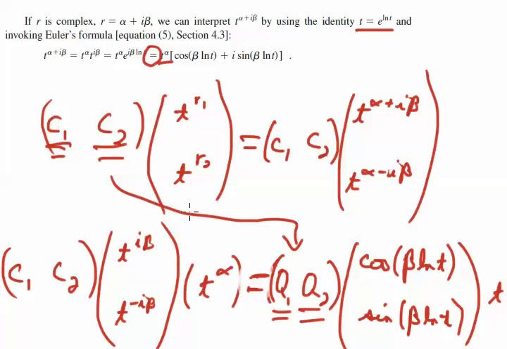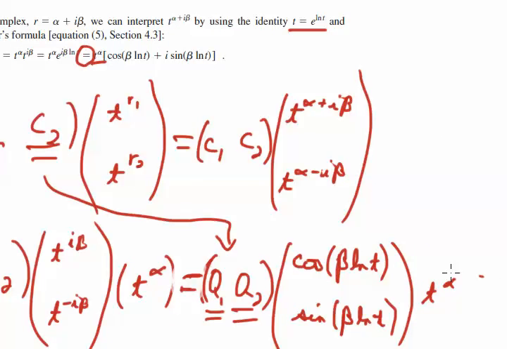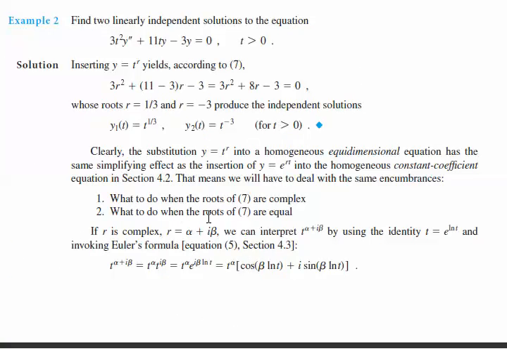But there's a way of converting the complex roots, a particular set of complex roots of t to the alpha plus i beta and t to the alpha minus i beta, into cosine beta natural log t and sine beta natural log t times t to the alpha. So the other thing is when the roots of 7 are equal.